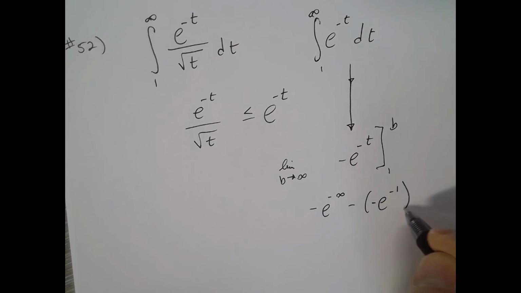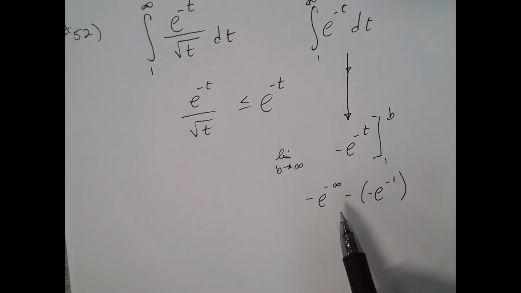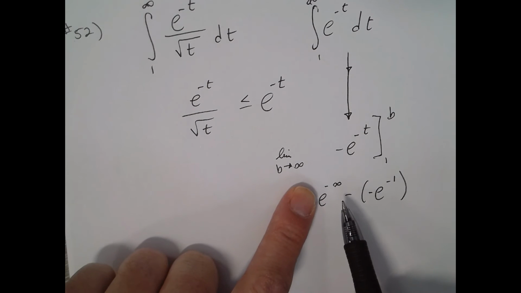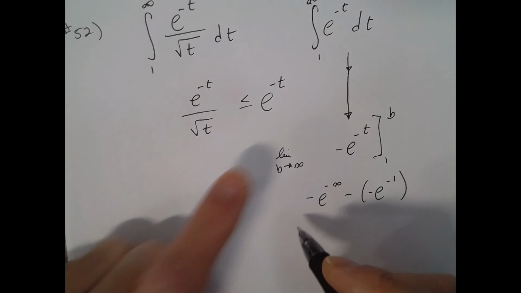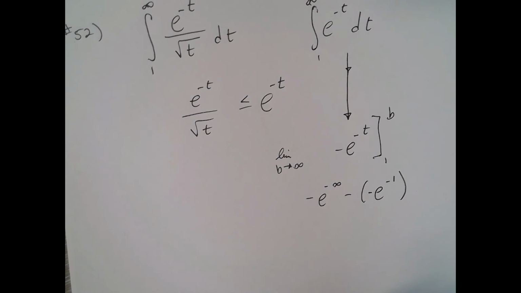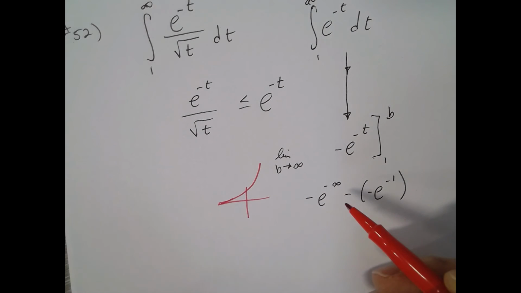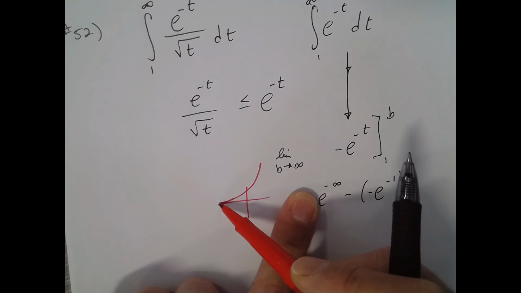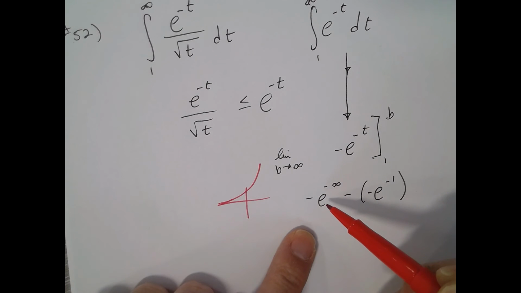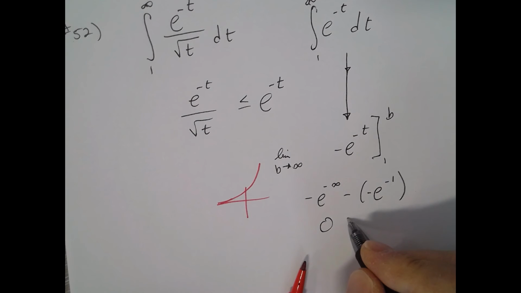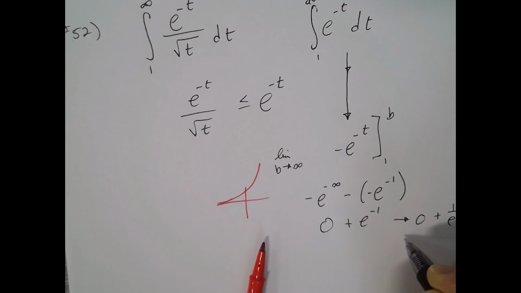So what's happening there? If it's just e to the negative infinity, remember, e looks like this. So e to the negative infinity would be 0, and then the opposite of 0 is 0. So I get 0 plus e to the negative 1.